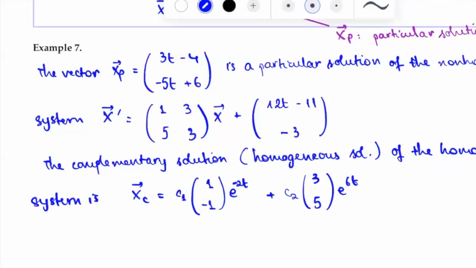Again, we go back to examples 2, 4, or 5 to see the result.